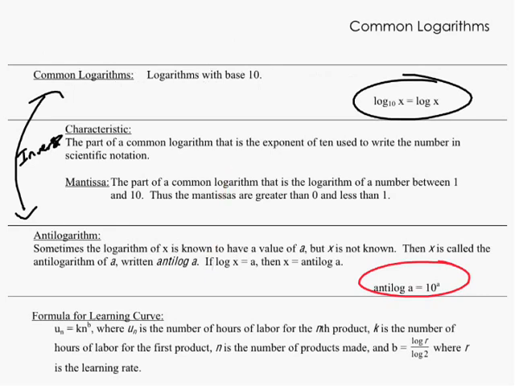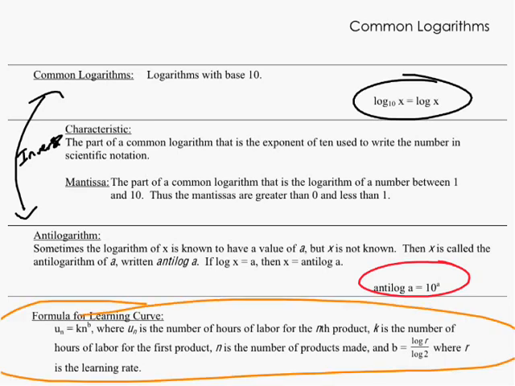Formula for learning curve. Let's write down, no, you don't have to memorize it. Let's write down both of these formulas, this right here and this right here. And then we'll try to figure out what the variables mean.